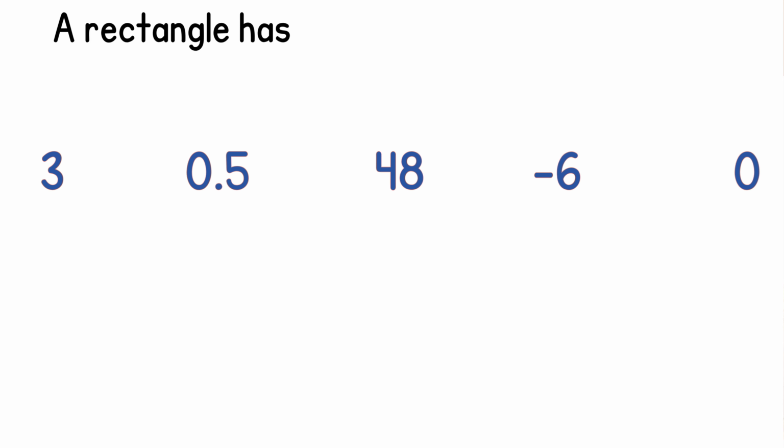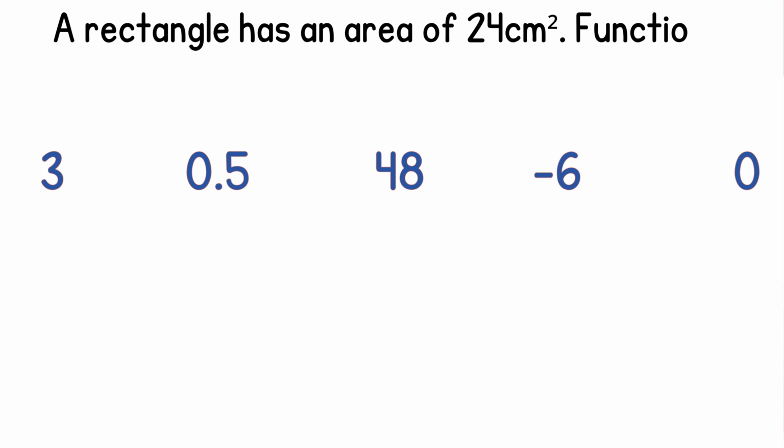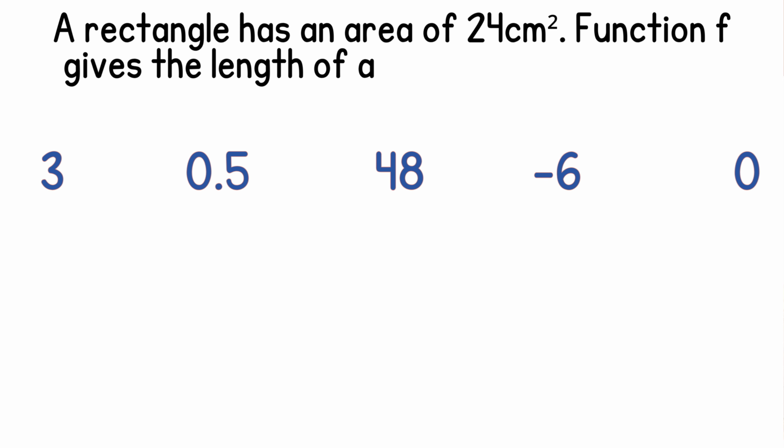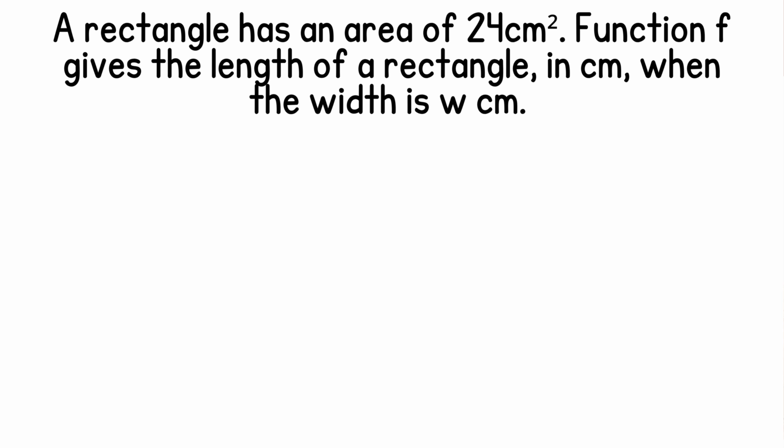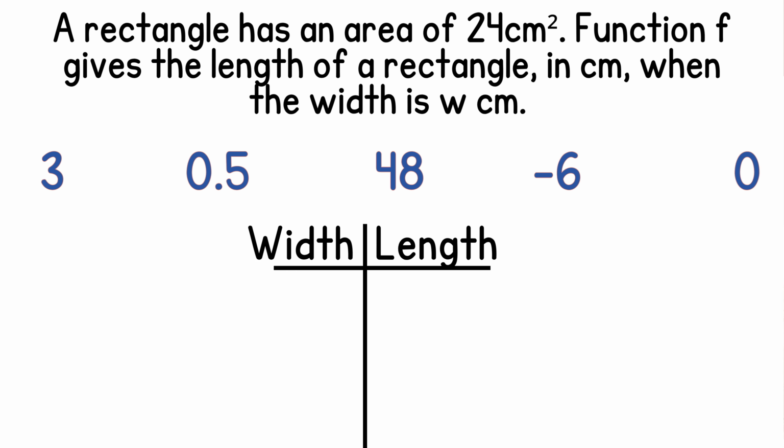Our next example says that a rectangle has an area of 24 centimeters squared. Function f gives the length of a rectangle in centimeters when the width is w centimeters. We're going to decide which of these numbers are in the domain of our function. First, let's start by creating a table so we know what the domain and the range are.